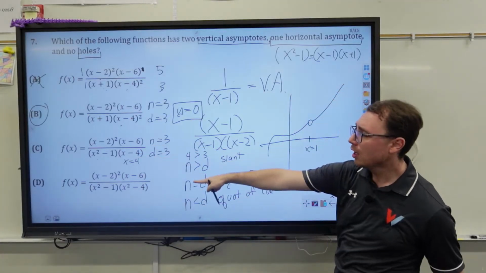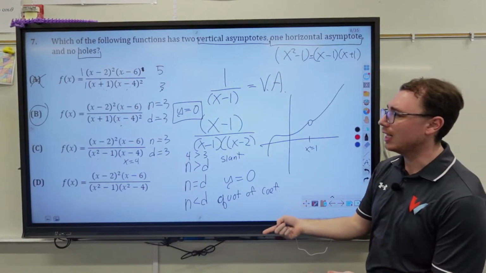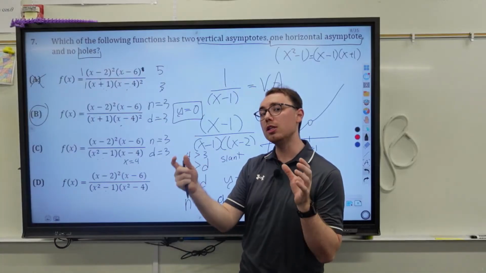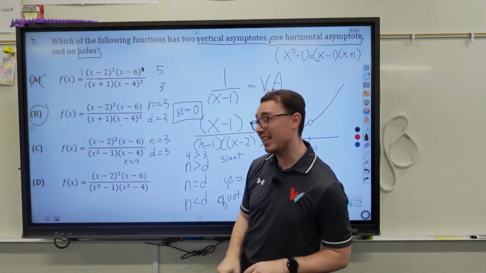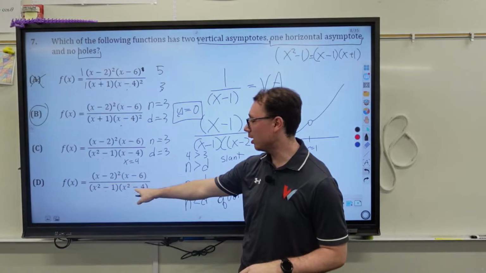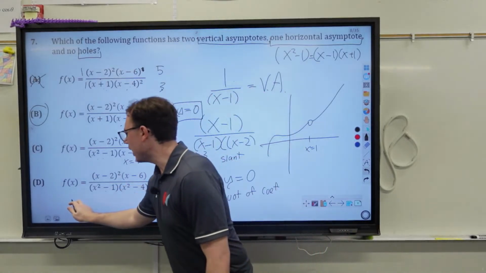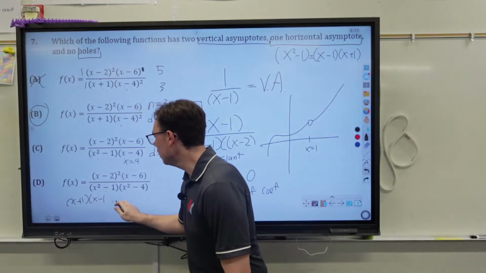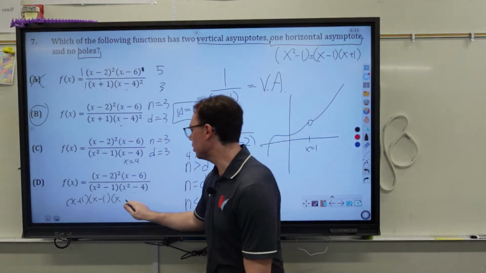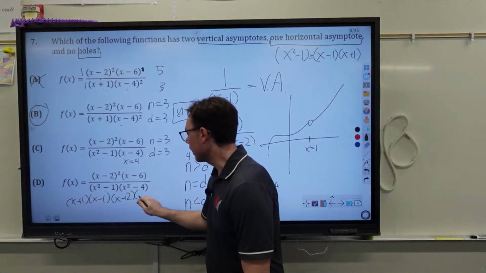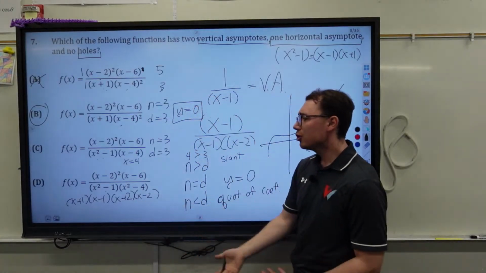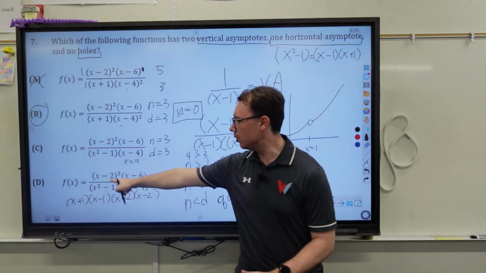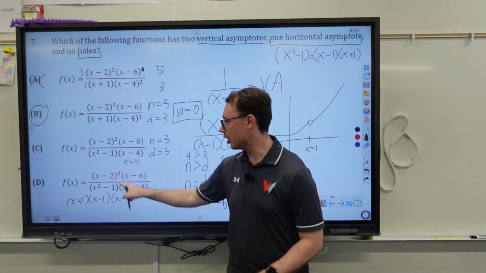So in this case, we do have a horizontal asymptote for C here, but we have 3 vertical asymptotes. For part D here, we kind of have the same thing where this separates into 2 different binomials. We have that again at x squared minus 4. Both of these separate out to (x plus 1)(x minus 1)(x plus 2)(x minus 2). So we actually have a hole in this case where this x minus 2 and this x minus 2 cancel each other out.